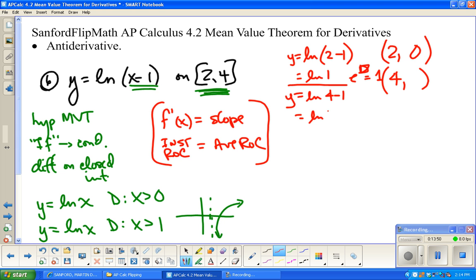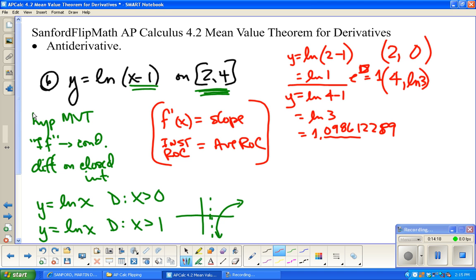Well, the natural log of 4 minus 1 is the natural log of 3, which is going to be 1 point ugly bunch of stuff. I can just write natural log of 3. I would actually like a numerical approximation for that, so 1.098-ish. All right, so anyway, you get the gist.